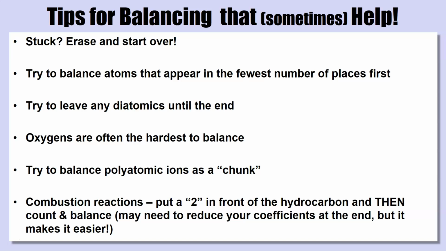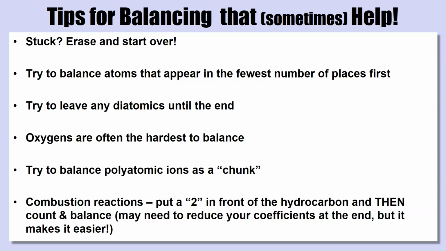You may have elements that are only in one compound on each side, versus elements that show up in 2 or 3 compounds on each side. If you focus on the ones that are more unique, that happen in fewer places, you're going to be able to change fewer things at a time, so it's a little bit easier. I find it easiest to leave the diatomics until the end, typically.